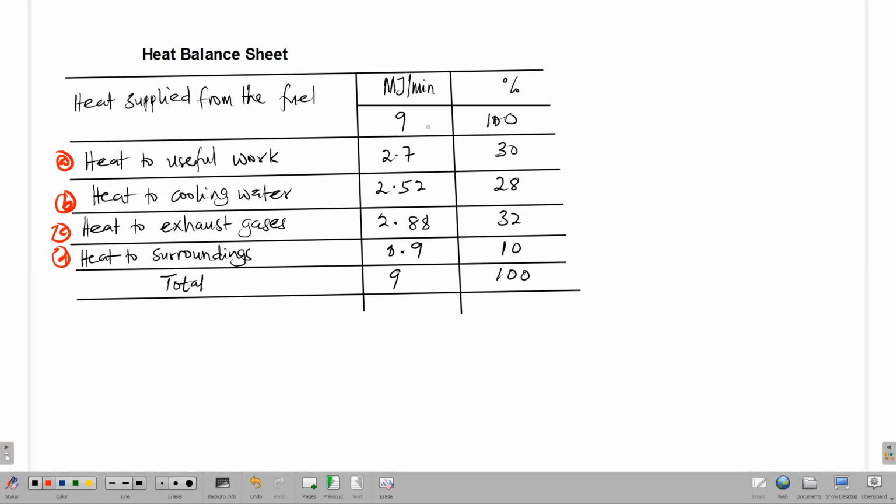The heat that was produced from the fuel was 9 megajoules per minute, and that was 100% of the heat that was in the engine. Then we got 30% to useful work. So 30% of the total heat was to work. That's what we will record at the output shaft of the engine. That is the brake power.